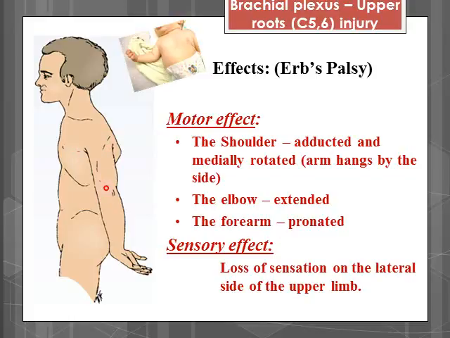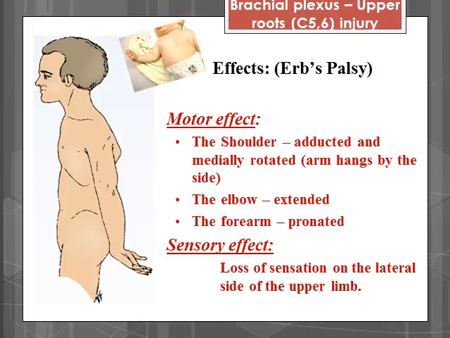The elbow is straight, extended. The forearm is medially rotated or pronated. This motor effect is called waiter's tip deformity.